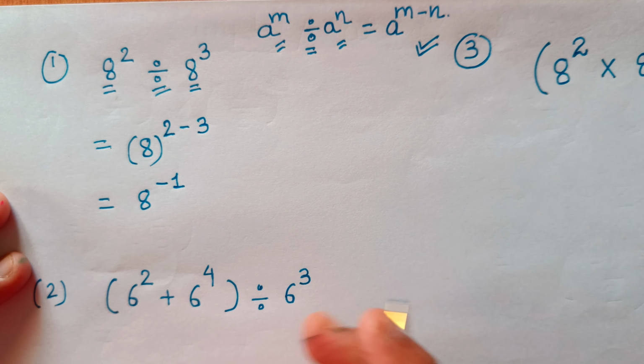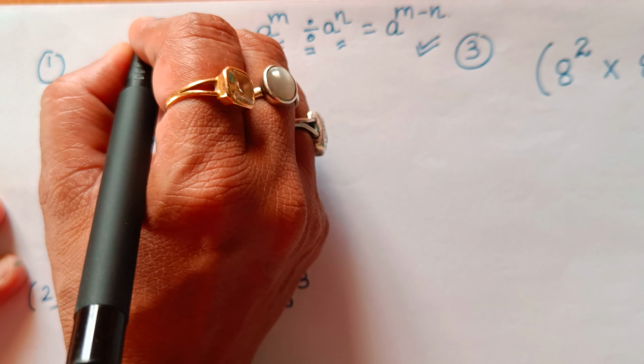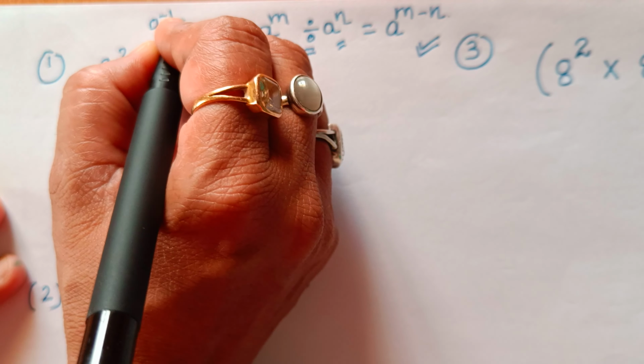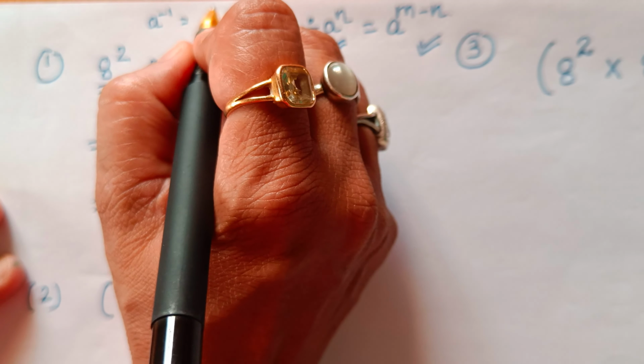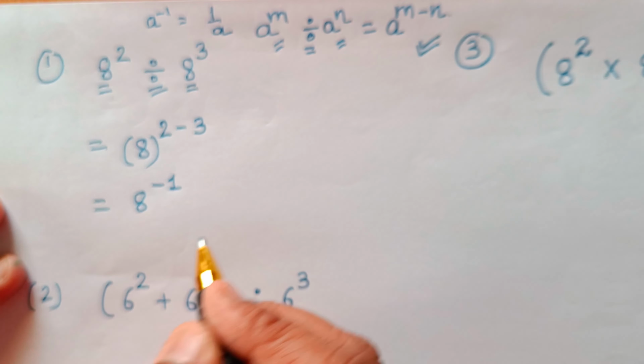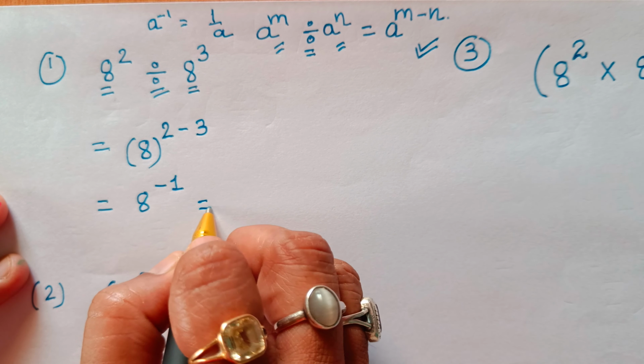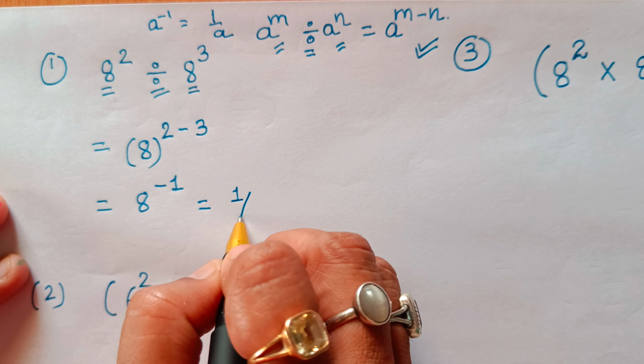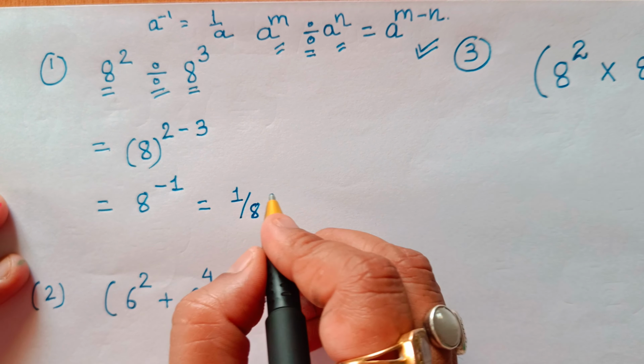Now a raised to minus 1 we can write as 1 by a. Therefore, 8 raised to minus 1 is equal to 1 by 8, which is the answer.